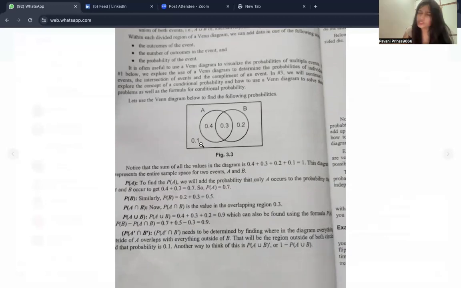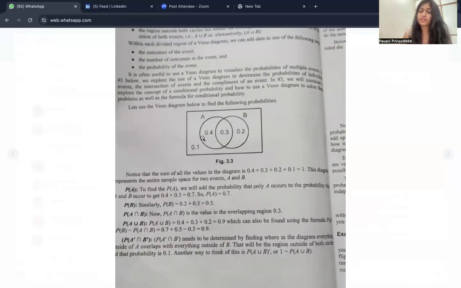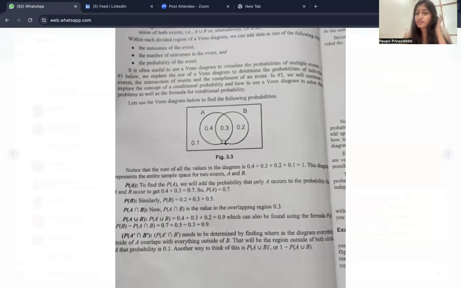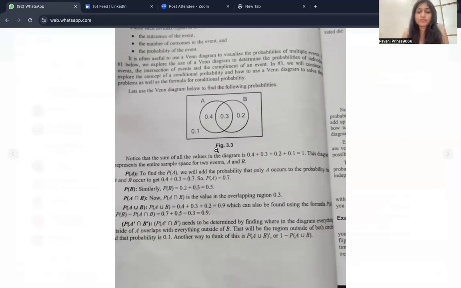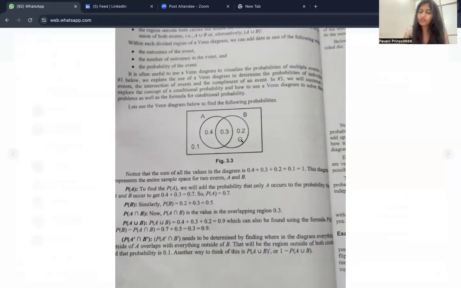Outside also there is one more, 0.1. What do you call it? A union B complement, as I just told you. Leave it aside. What is probability of A? 0.4 plus 0.3, which is 0.7. What is probability of B? 0.3 plus 0.2, which is 0.5.